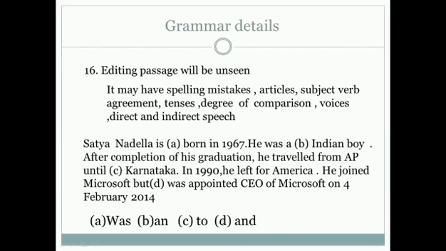So we have to use to. In 1990, he left for America. He joined Microsoft but was appointed CEO. Is it correct? No. Why? If you are joining any two sentences, the word and should come because it joins two sentences. So Satya Nadella joined Microsoft and was appointed CEO.